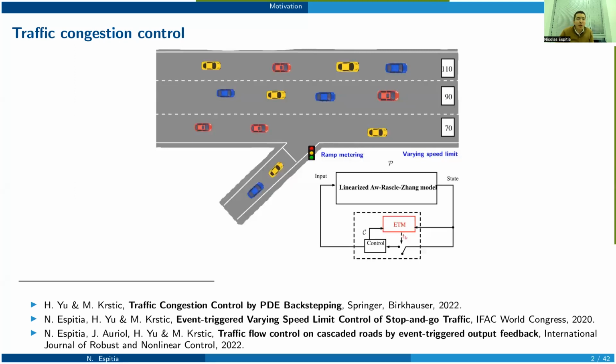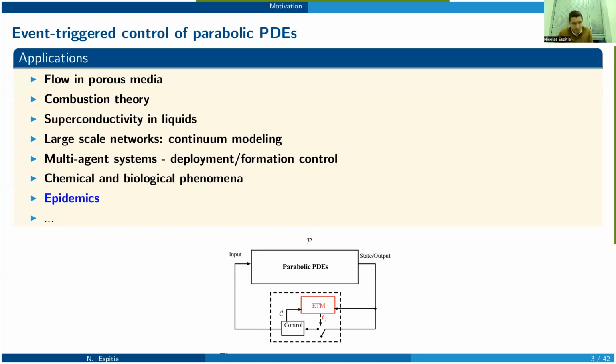And what about parabolic PDEs? Well, they find also applications in different fields, for example, tubular chemical reactors, large-scale networks, multi-agent systems in the context of deployment, information control, applications to epidemics, among many others.